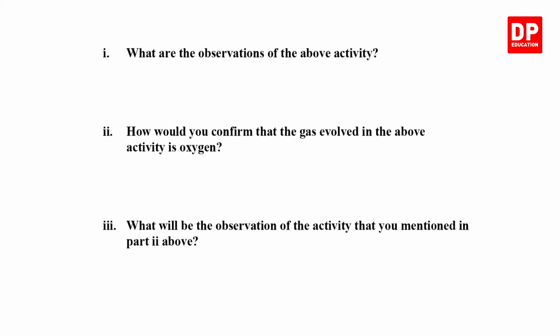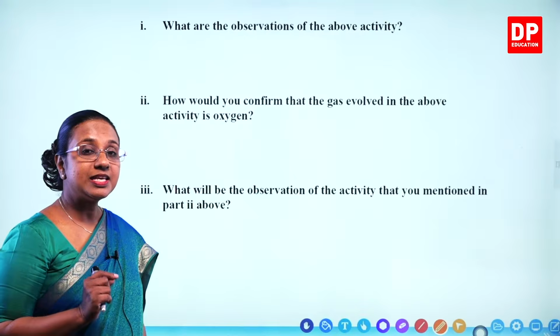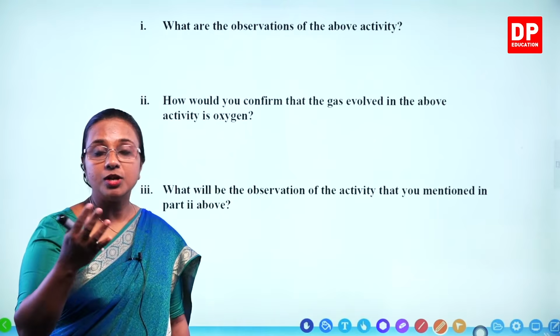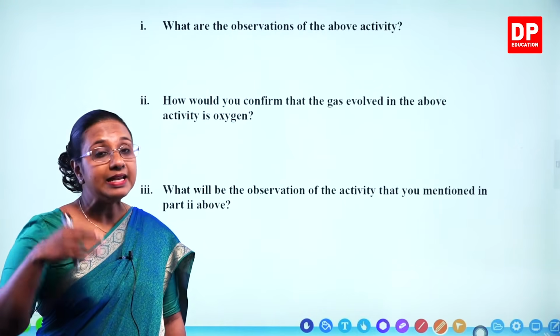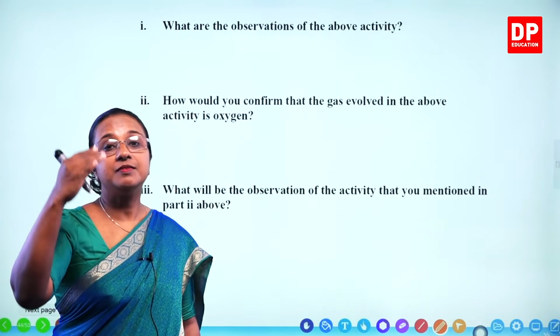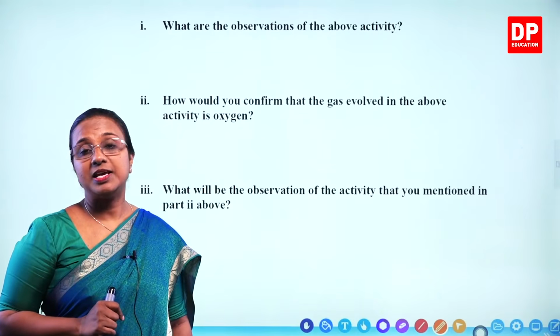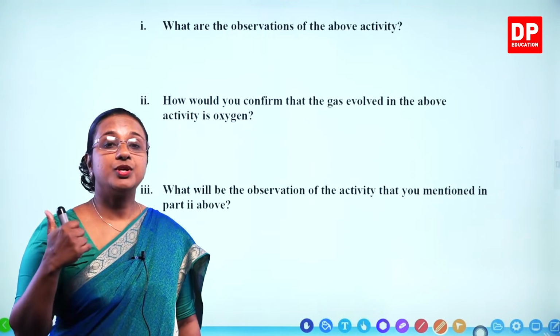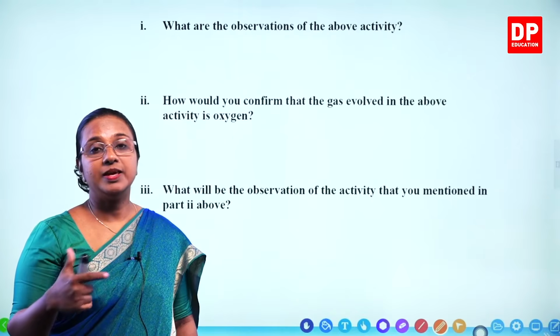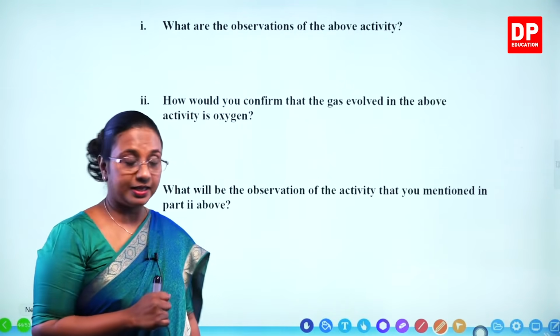What are the observations of the above activity? You all can see the gas bubbles evolving from the plant and the gas getting collected with the downward displacement of water. So you can see the gas bubbles evolving and the water level decreasing.